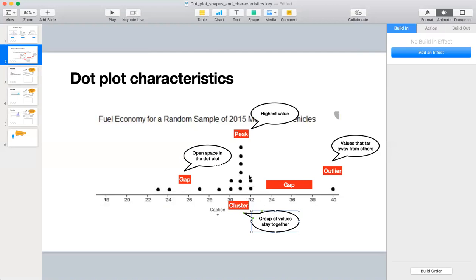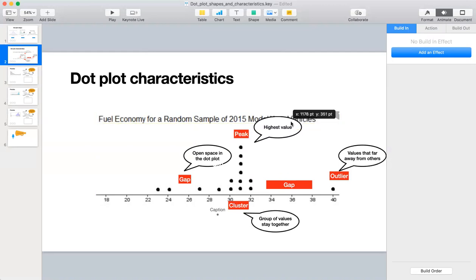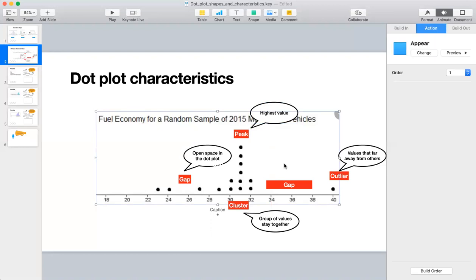Cluster means there's a set of data that stay together. And the last one is an outlier, which is a value that's far away from the others. Again, if you forget the dot plot characteristics, you can take a screenshot of this page and get it.